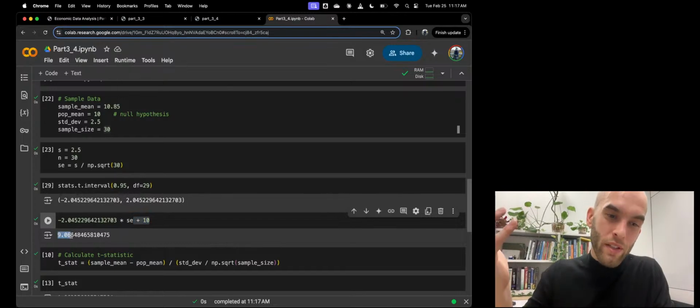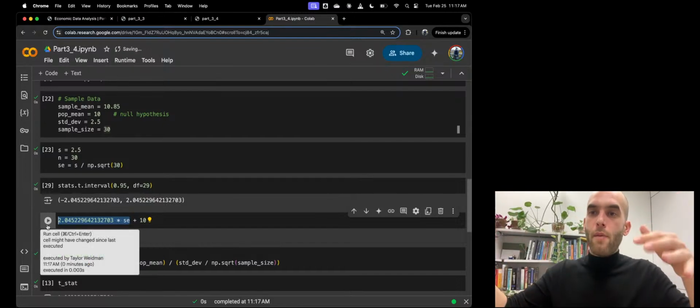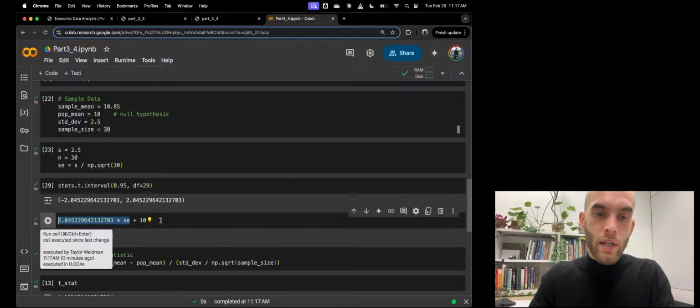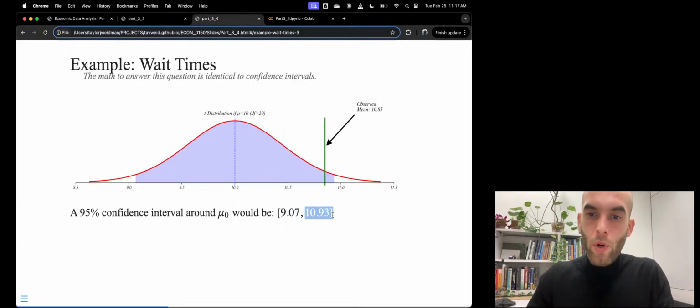That gives us essentially 9.07. And then on the other side, all we're doing is adding the 2.04 standard errors on top of the 10, which will give us the other side of the distribution, so 10.93.